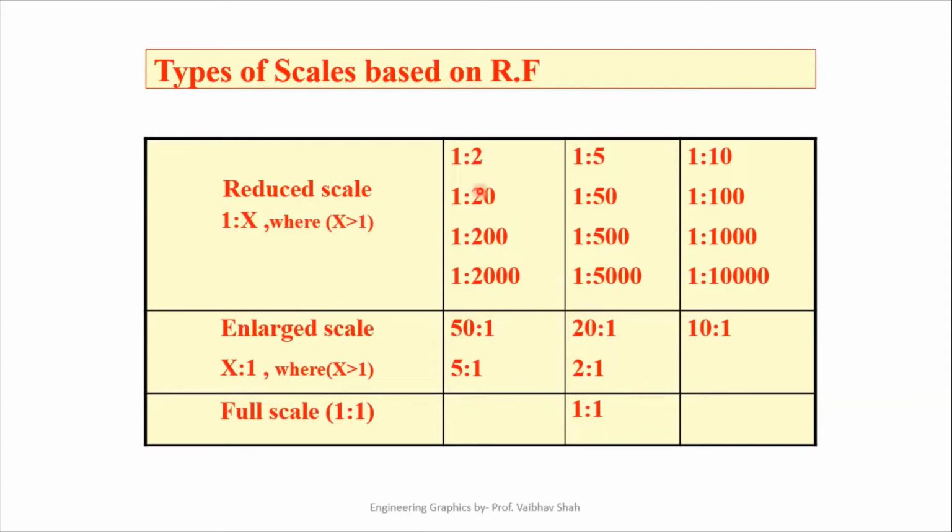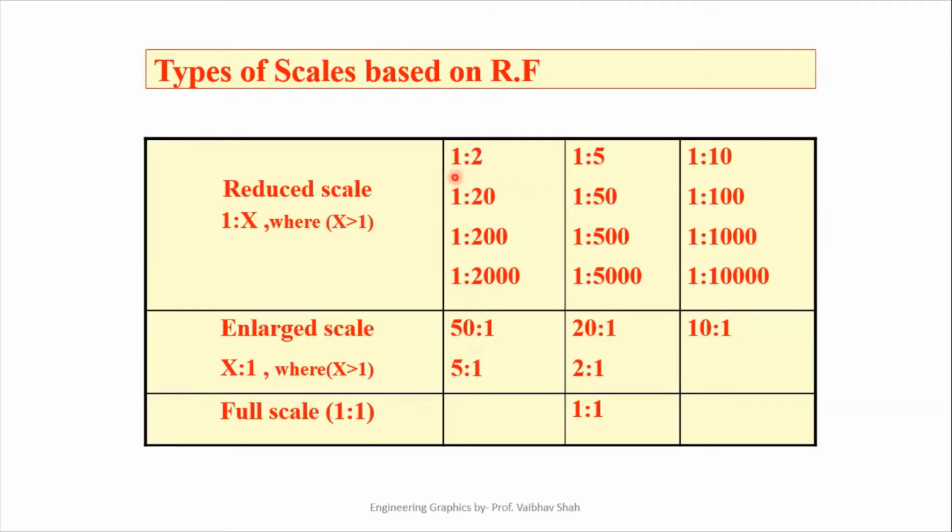From these examples we can observe that 1 is to x is the form for reduced scale, where x is greater than 1.